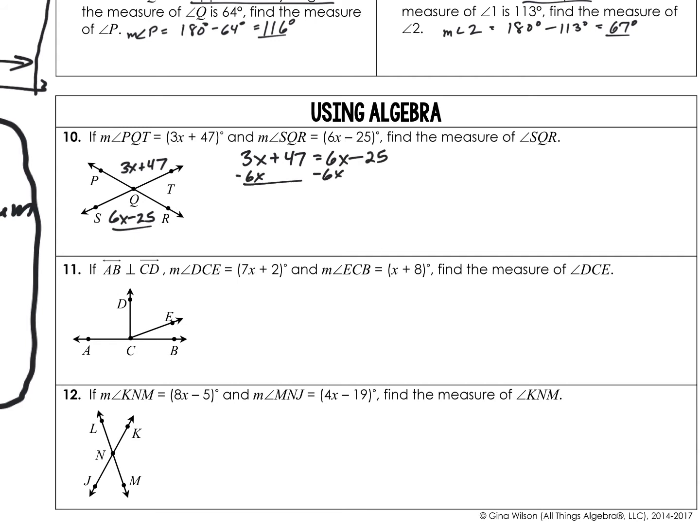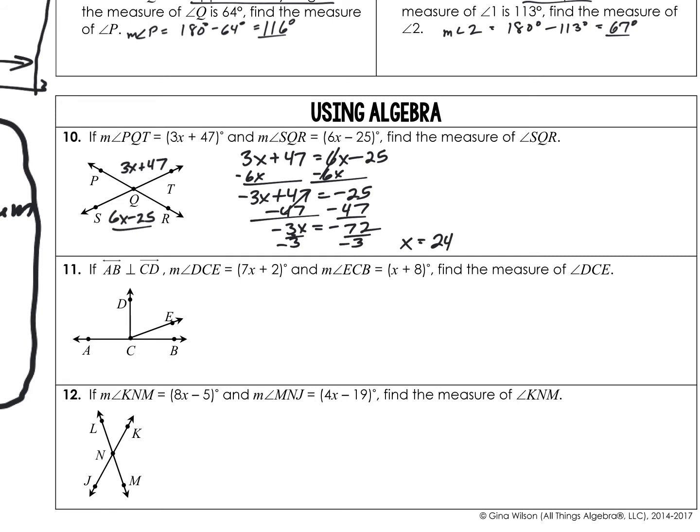Subtract 6x to get the variable on one side. Subtract 47 as we start to isolate the variable. And divide by 3, negative 3. Looks like x equals 72 divided by 3, 24.